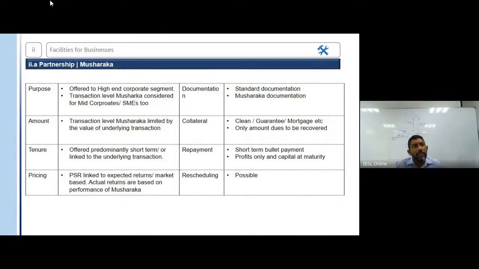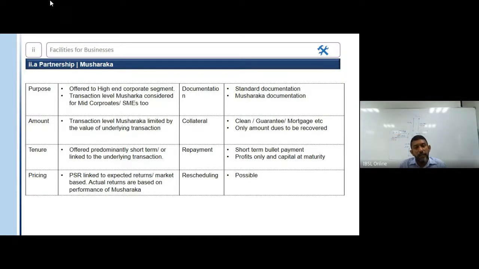So profits and losses need to be calculated in a reliable way acceptable to the bank. If you want to give any facilities on Musharaka, you have to give to customers whose profits or losses can be calculated in a reliable way.